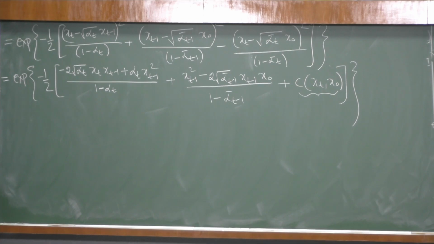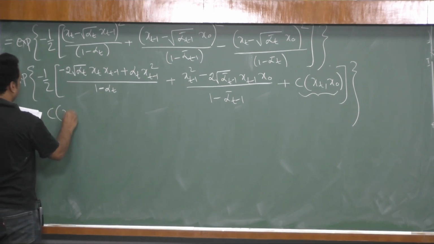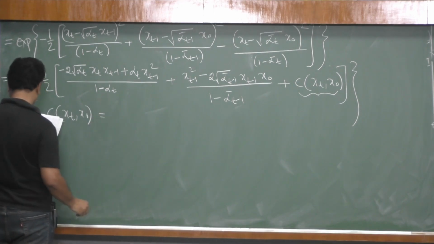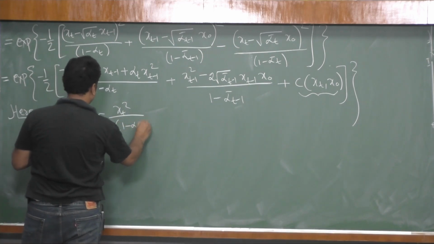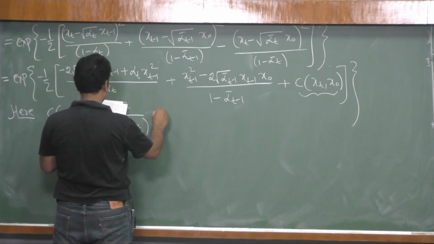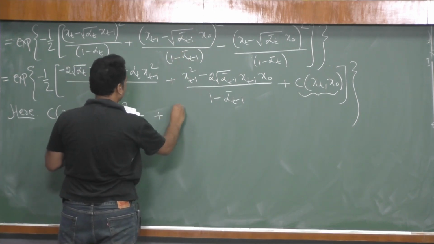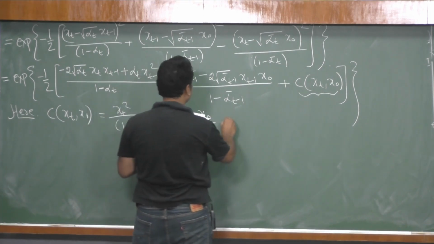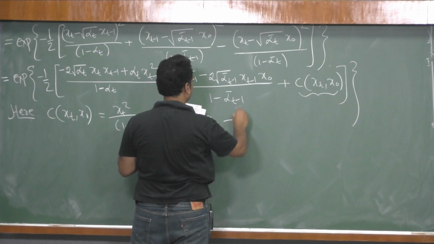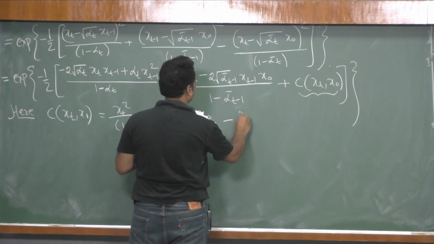So for reference, what we can do is, because we will bring this C later on, here C xt x naught is xt squared by 1 minus alpha t plus alpha bar t minus 1 x naught and then minus xt squared. We could keep, okay, anyway, let us do this separately.